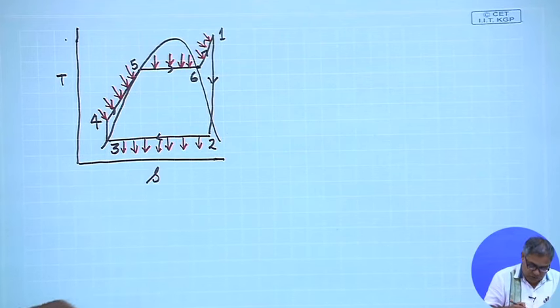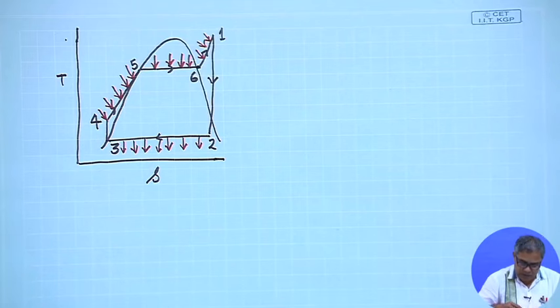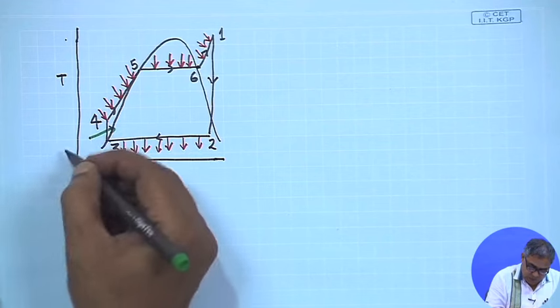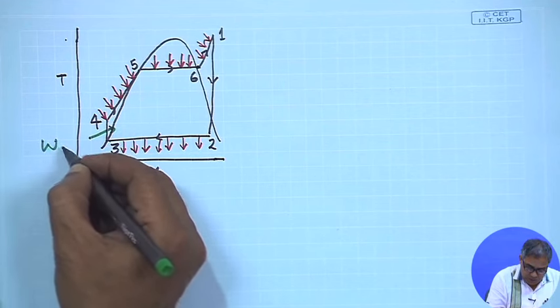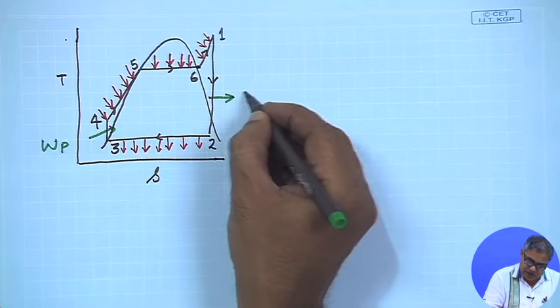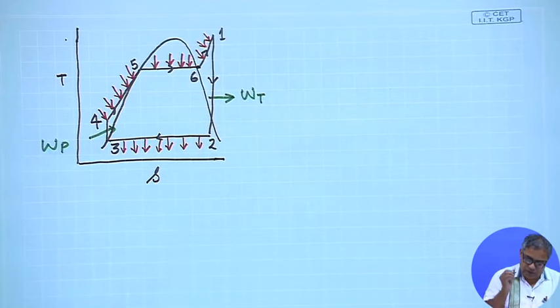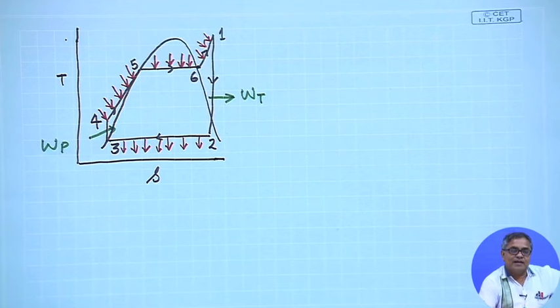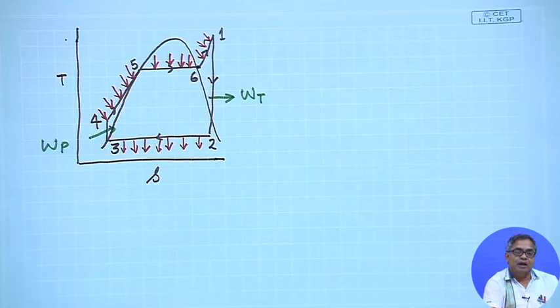Here we need to supply some work, W pump, and from here we will get W turbine, that is the work done by the cycle. So, this is an ideal Rankine cycle. This is an internally reversible Rankine cycle, and this is the basis of all steam power plants.